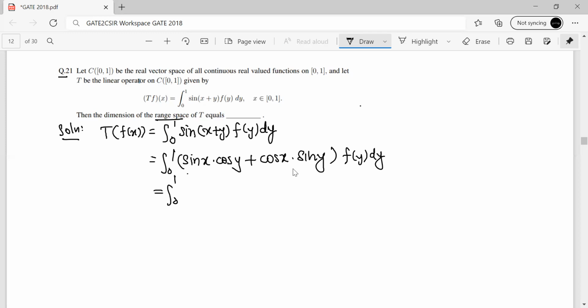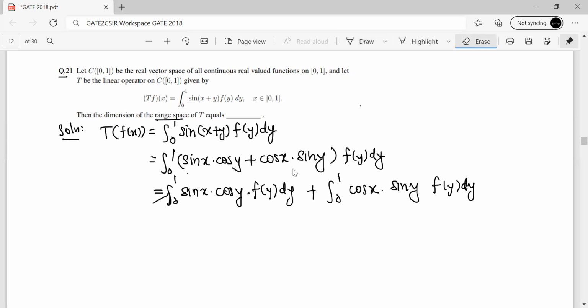And now open it, so you get sin x cos y f of y dy plus integral 0 to 1 cos x into sin y f of y dy.